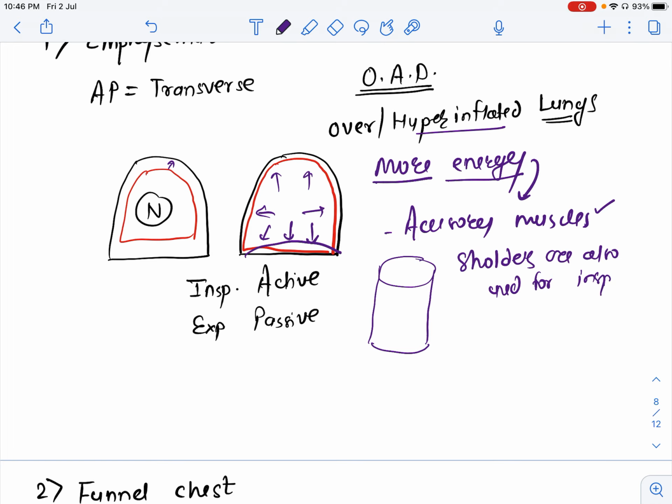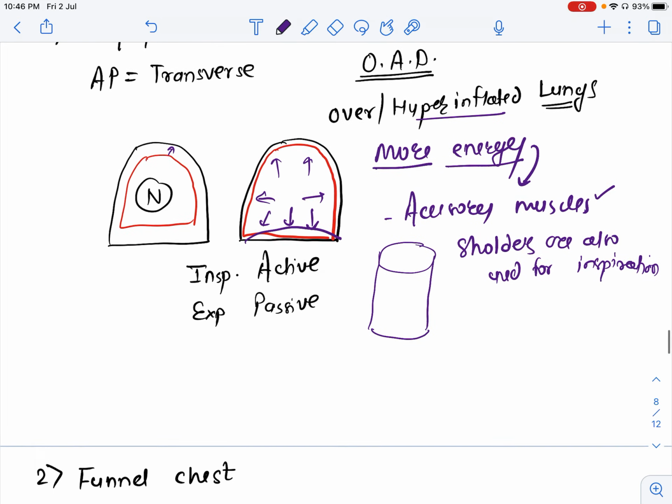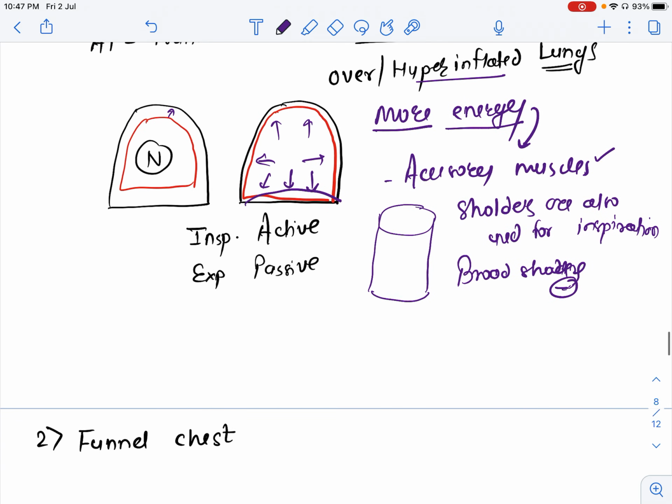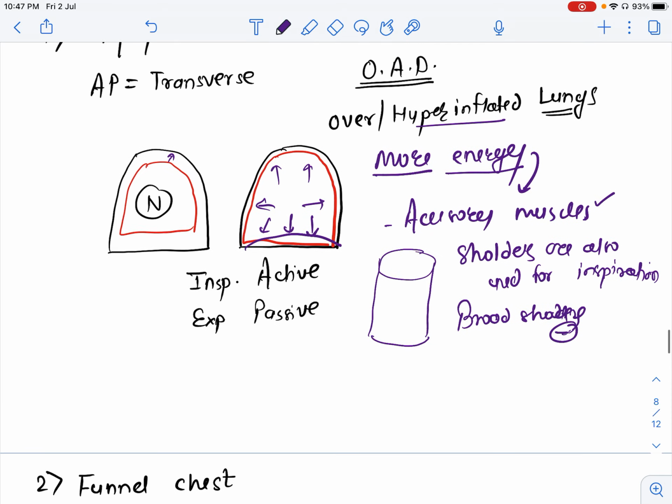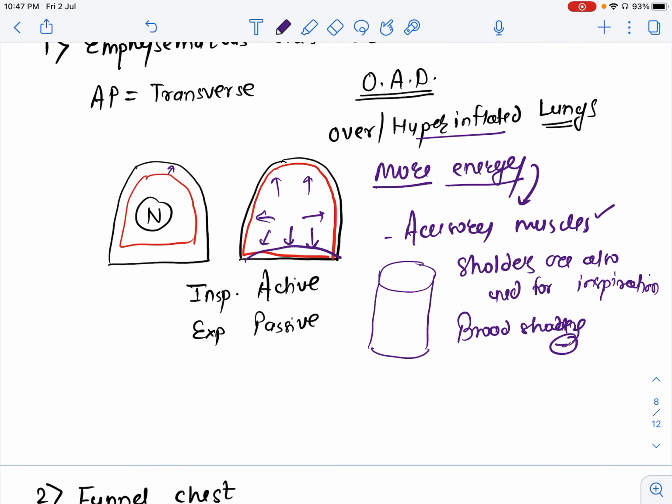Now, how this happens is actually the body's adaptation. So they usually have broad shoulders. Then they have a short neck and a thick neck. So these are the things which are commonly observed along with a barrel chest.